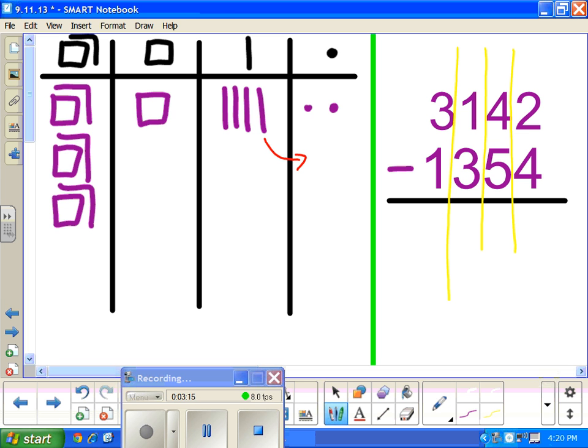Now, when that 10 is brought to the ones, it no longer stays as a 10, but now it's split up into 10 ones.